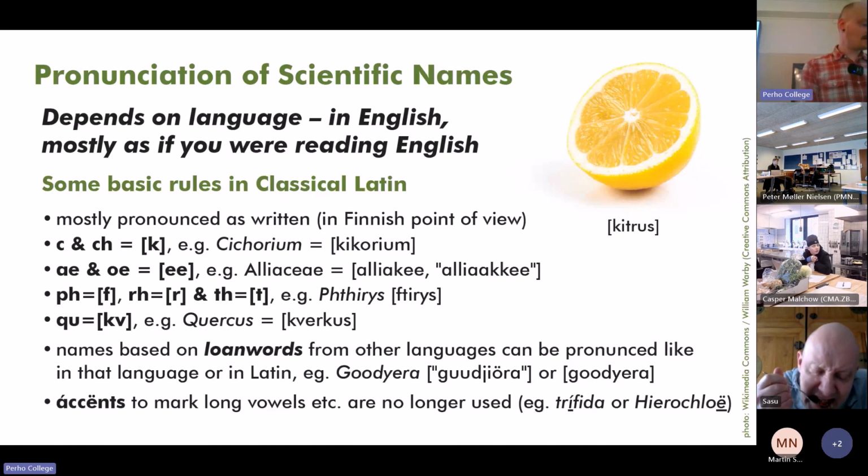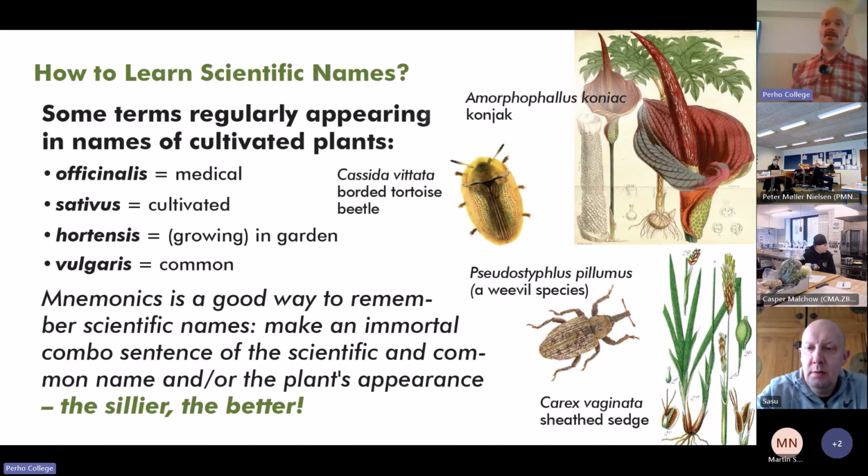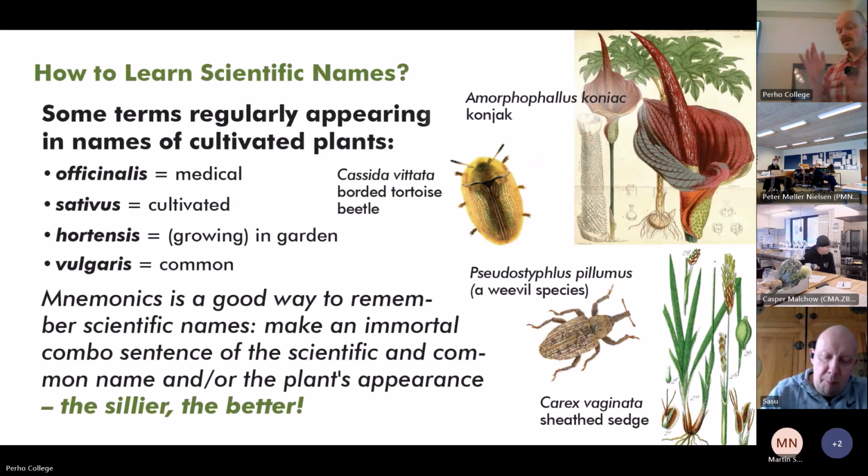Okay, the last slide. How to learn scientific names. They might be quite difficult and often sound very strange, with quite hard parts to pronounce. Well, you might try to learn some key words or expressions.